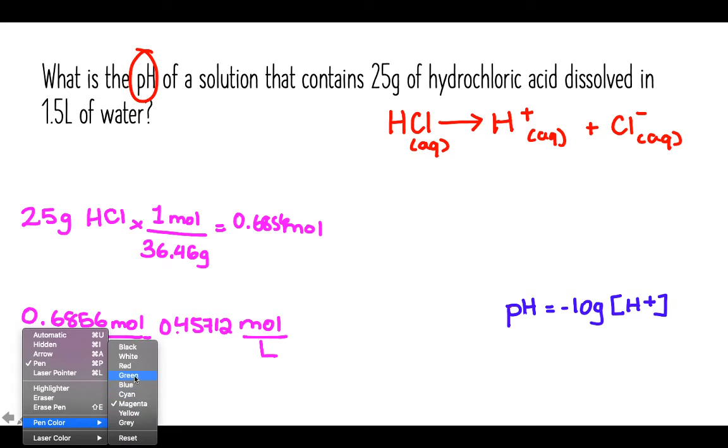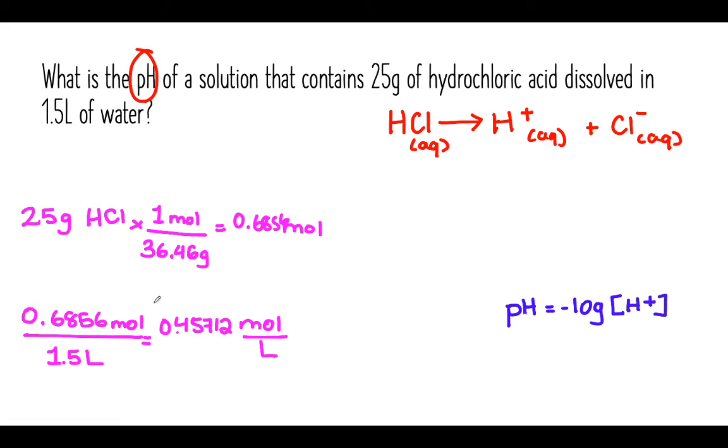Now let's go back to our acid here. Because this is the concentration of hydrochloric acid, this concentration, 0.45712 moles per liter, can tell me the concentration of the H plus ions as well.